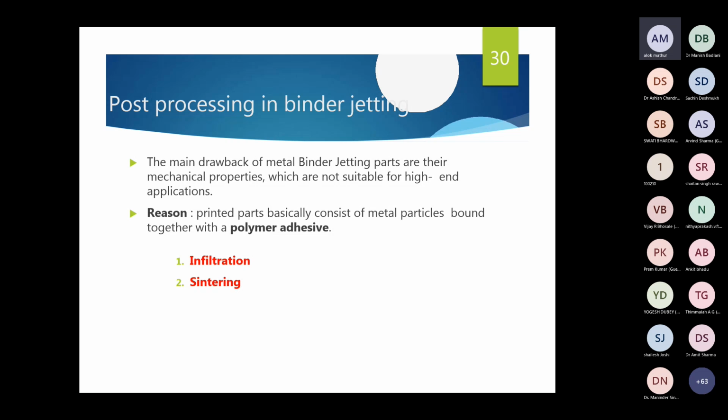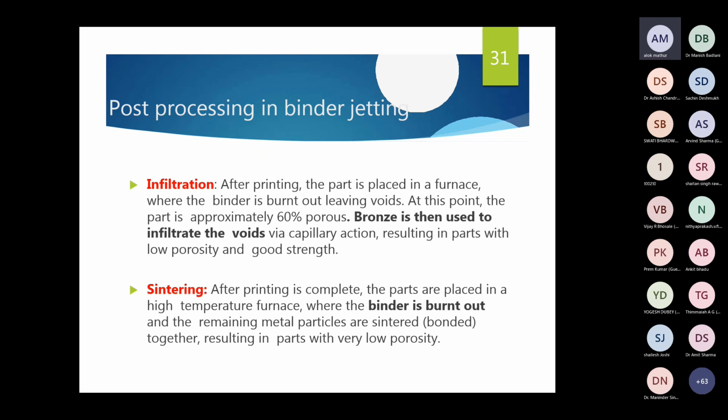So these are the various methods. Printed parts basically consist of metal particles bound together with a polymer adhesive, and we can see infiltration and sintering. These are the two processes which are used. Infiltration means after printing, the part is placed in a furnace where the binder is burned out, leaving voids.